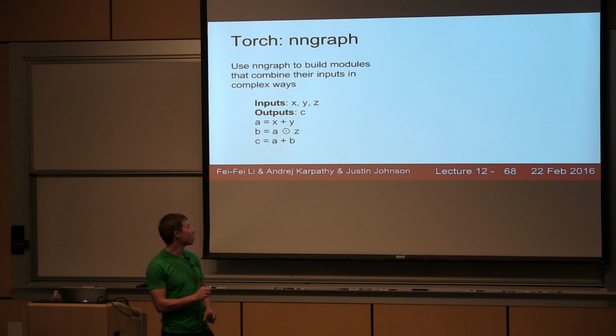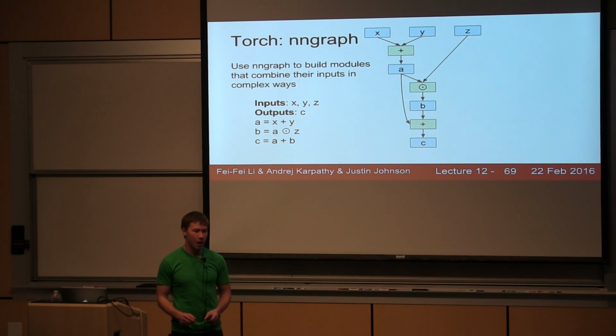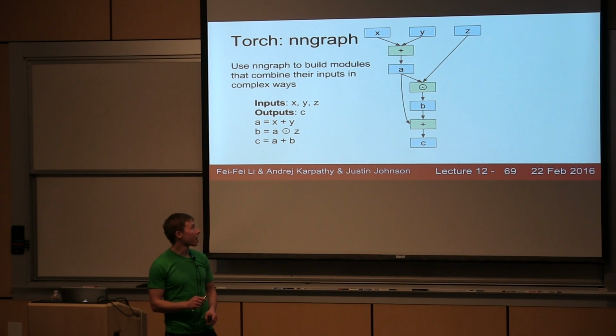If we have 3 inputs and we want to produce 1 output, and we want to produce them with this pretty simple update rule, that corresponds to this type of computational graph that we've seen many times in lecture for different types of problems. So you could actually implement this just fine using parallel and sequential and concat table, but it could be kind of a mess. So when you want to do things like this, it's very common to use nngraph instead.